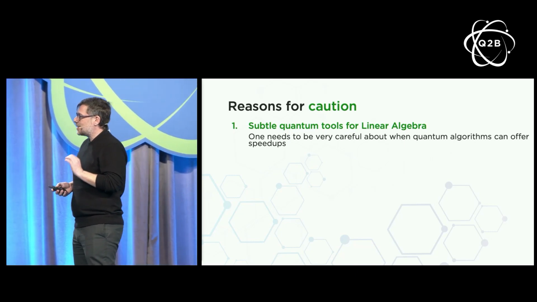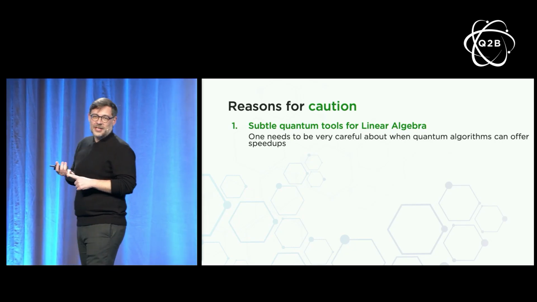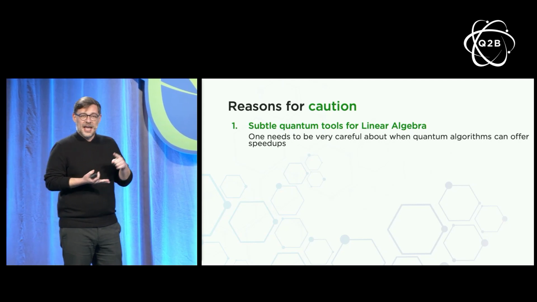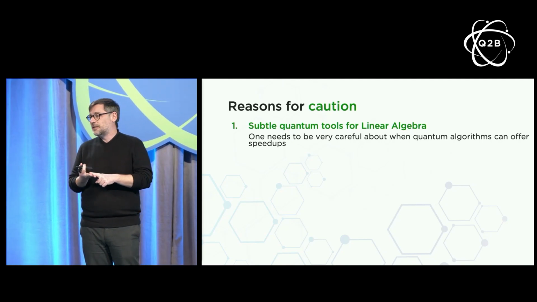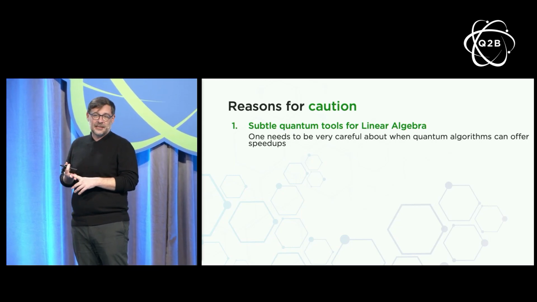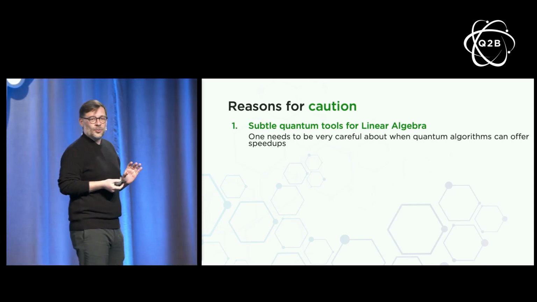These are extremely subtle techniques where you really need to understand what the problem is, what your data is, and what specific variants of these algorithms you really need to deploy in order to actually try and get the speed up at the end. So these are extremely subtle tools, and they're not going to work always.